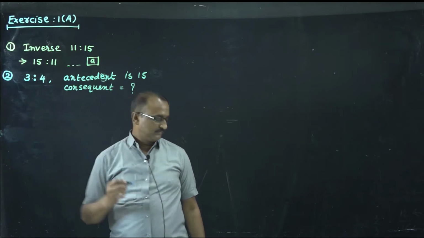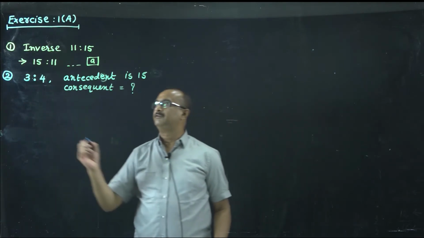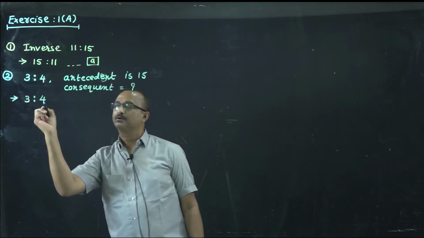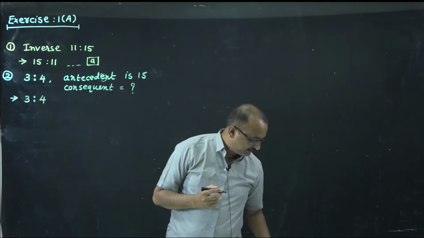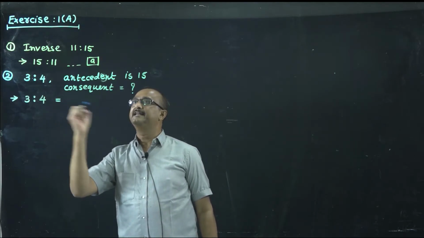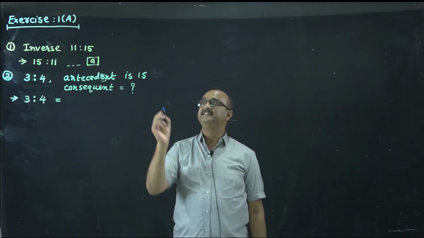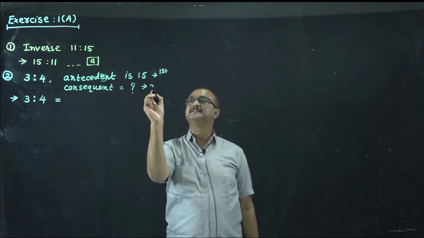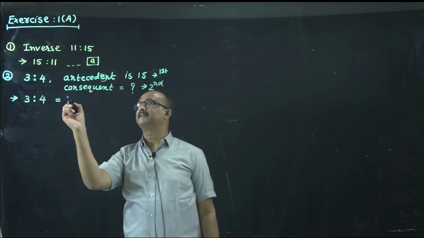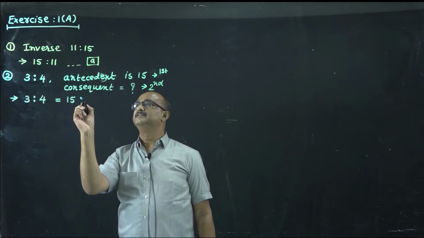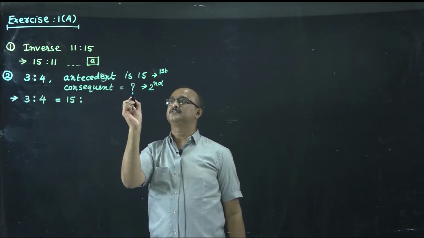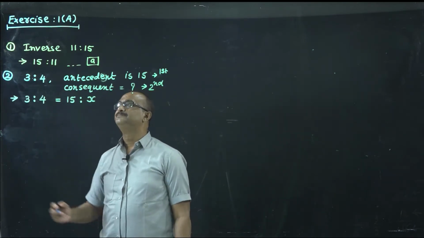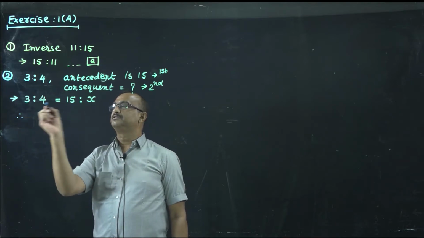So the ratio of two quantities is 3 is to 4. Write down 3 is to 4. The question is asking that the antecedent is 15 and the consequent is what? The antecedent is the first term and the consequent is the second term. So we can write 15 is to, here we suppose the consequent is x or a, b, whatever you take. Now solve this equation.